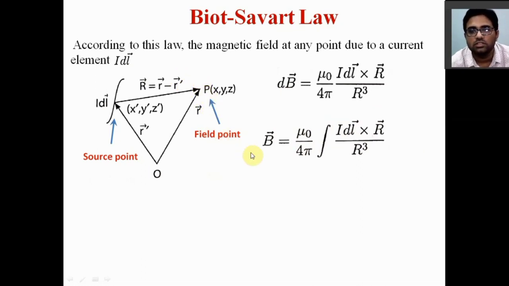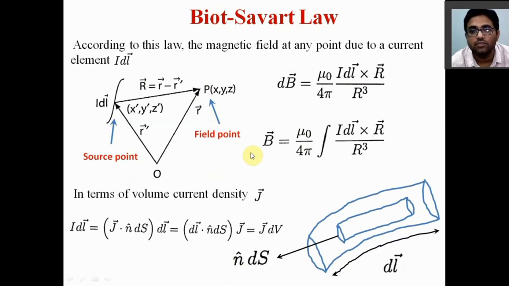Now if we consider that the current element has a finite cross-sectional area, that means it has finite width, then I dl can be written as J dV. In this figure, n cap ds is the cross-sectional area and dV is the volume of this current element.